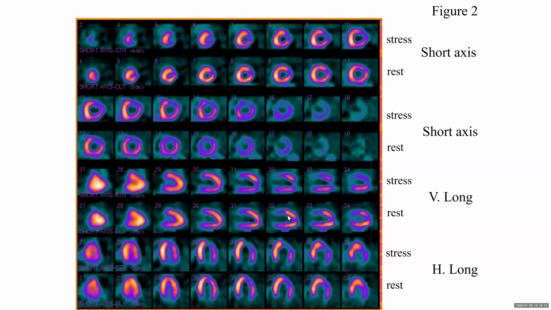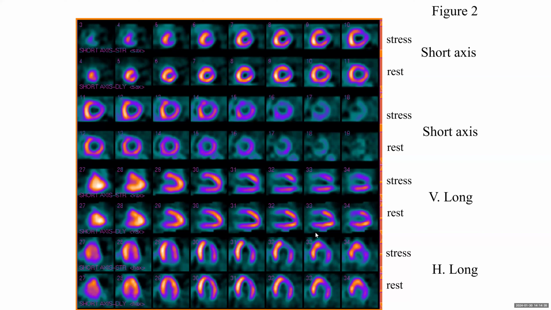So that is a mild reduction of perfusion or mild reduction of the tracer uptake, indicating perfusion defect or ischemia in the RCA-LCX territory, I would say. Yeah, RCA. So this is most likely mid to distal only.